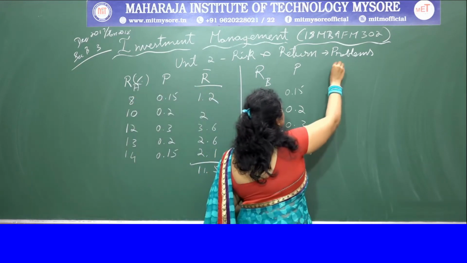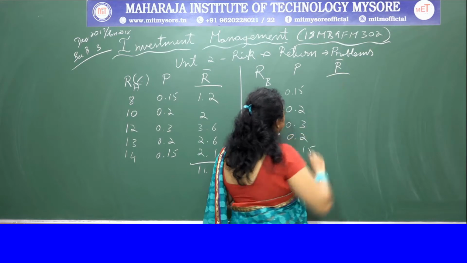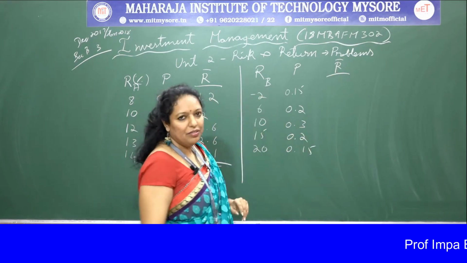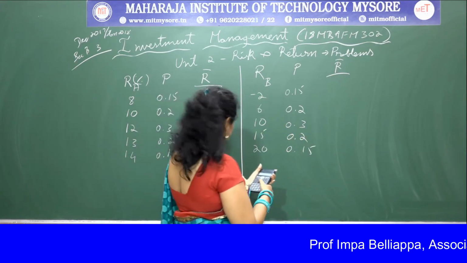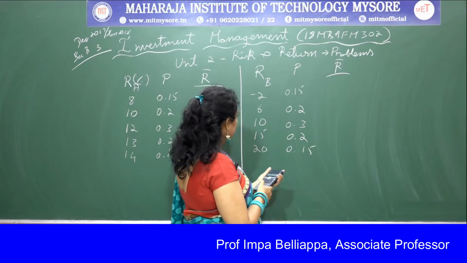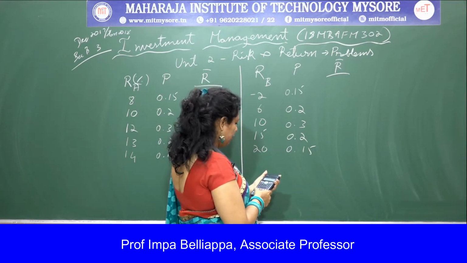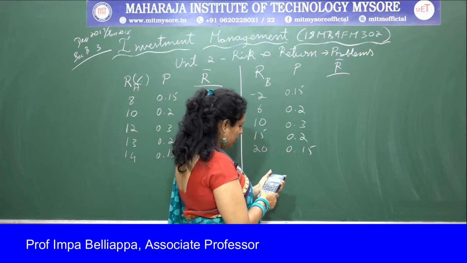Okay, so here I'm going to calculate R bar. To calculate R bar, we have to just multiply. So -2 into 0.15.